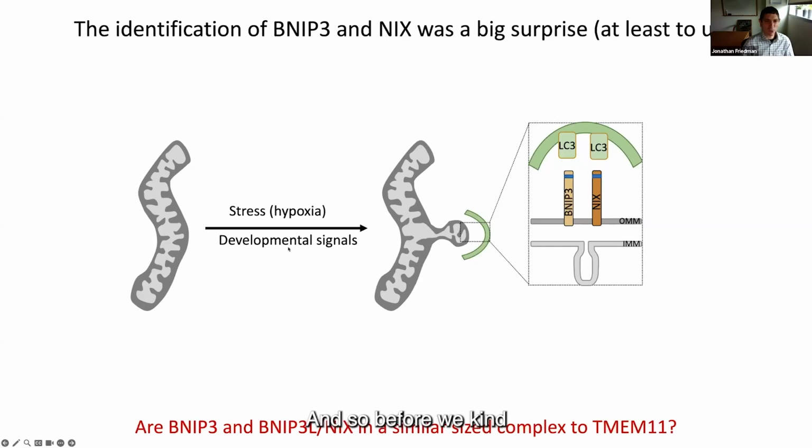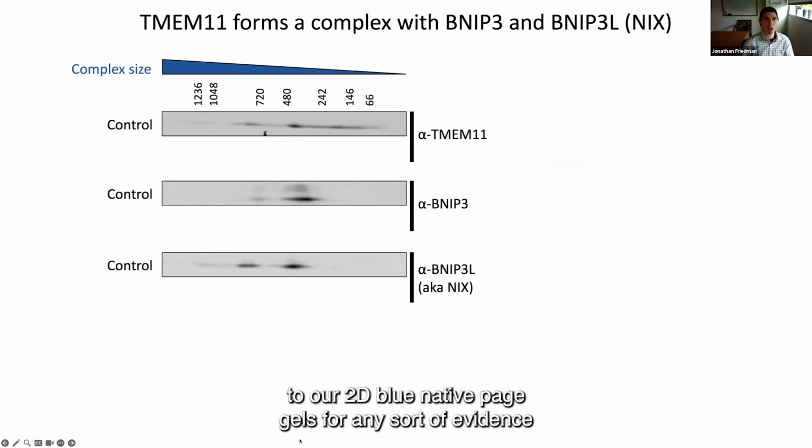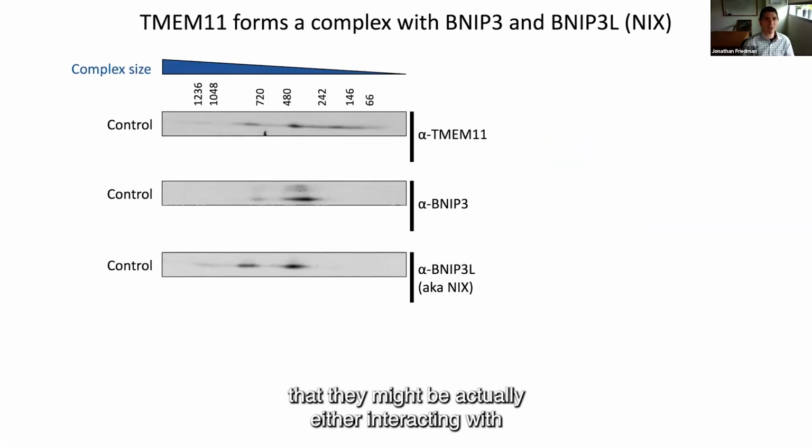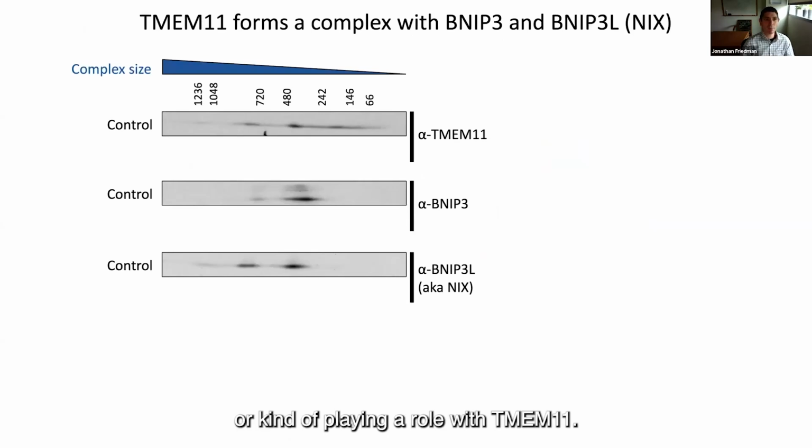And so before we jumped whole hog into looking at mitophagy, we wanted some additional evidence that BNIP3 and NIX were worth studying. So we turned back to our 2D blue native PAGE gels for any sort of evidence that they might be interacting with or playing a role with TMEM11.